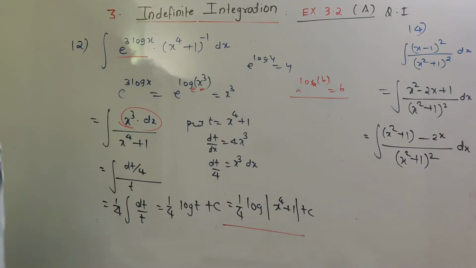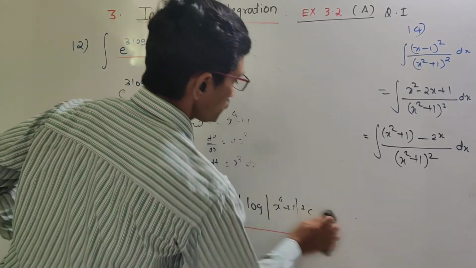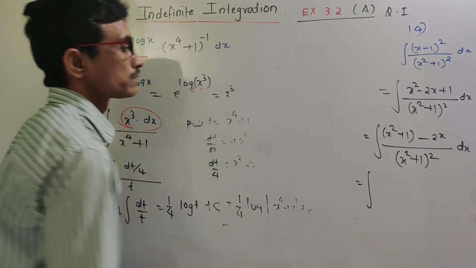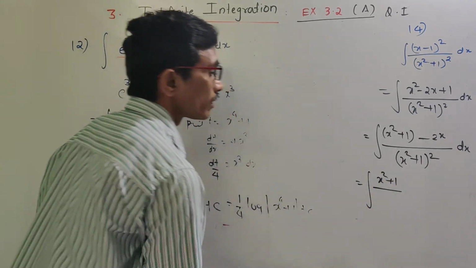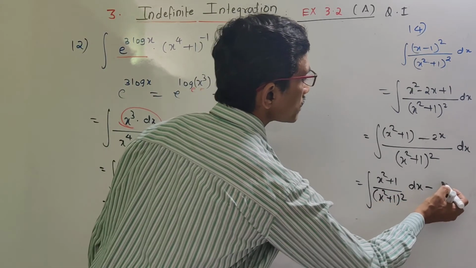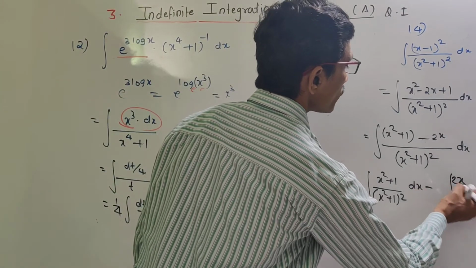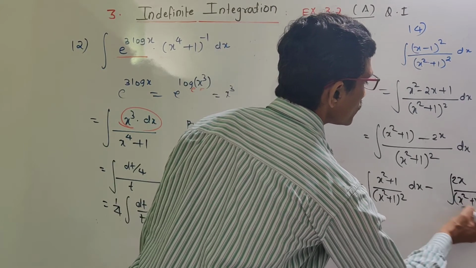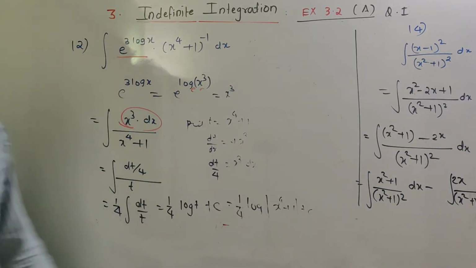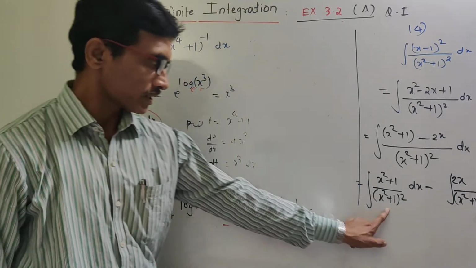So if we simplify it, we will be getting x square plus 1 upon x square plus 1 whole square dx minus 2 integral x upon x square plus 1 whole square dx, where the 2 we write inside only. Then in x square plus 1 upon x square plus 1 whole square, ये एक कैंसिल होगा और डिनोमिनेटर में खाली x square plus 1 रहेगा.